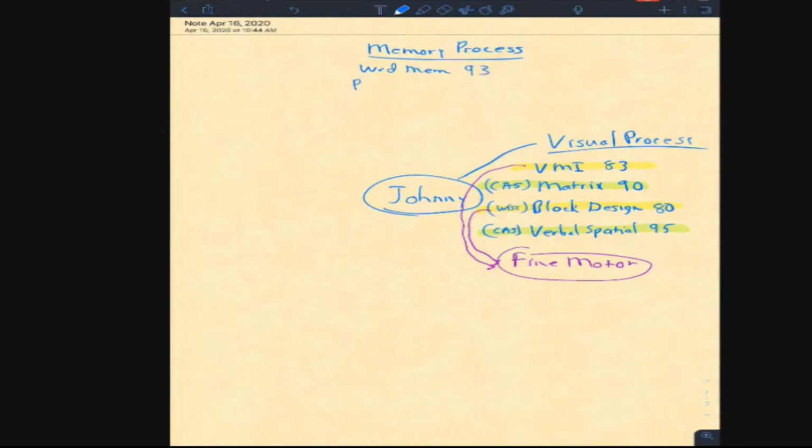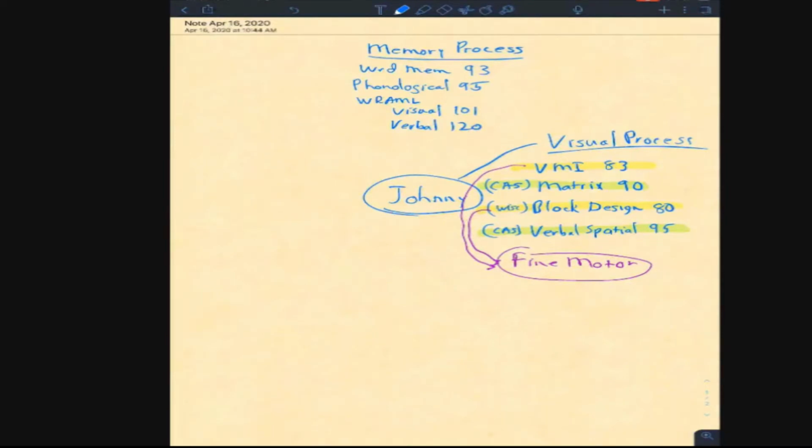We've got phonological memory, at 95. We've got a couple of assessments on the RAML. Visual memory came in at 101, and I'm sorry, not auditory, but verbal came in at 120.